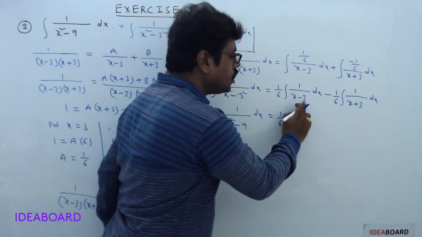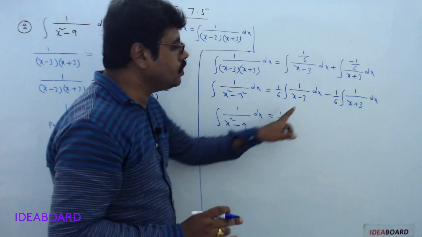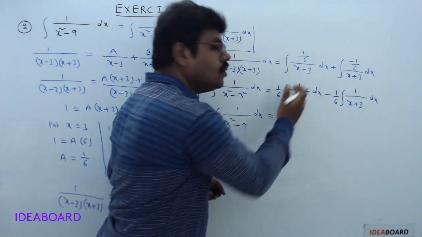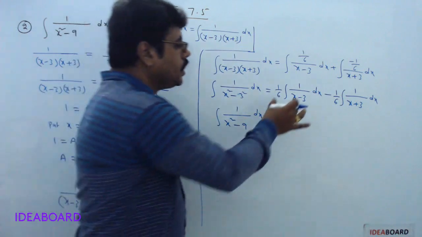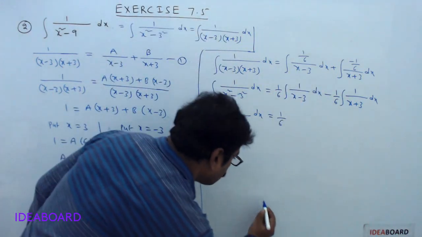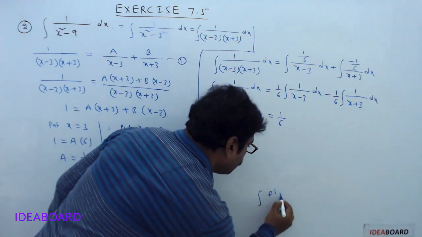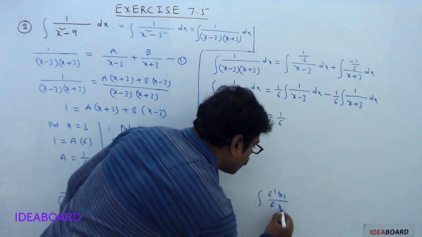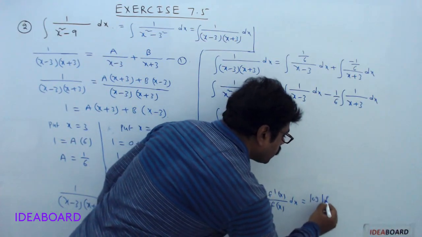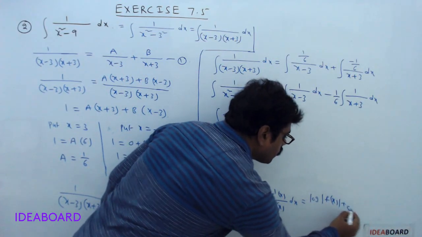Derivative of x is 1, the constant 3's derivative is 0. So the derivative of x minus 3 is 1. It means the derivative of the denominator is in its numerator. So what is the formula? Integral f dash of x divided by f of x dx is log mod f of x plus c.